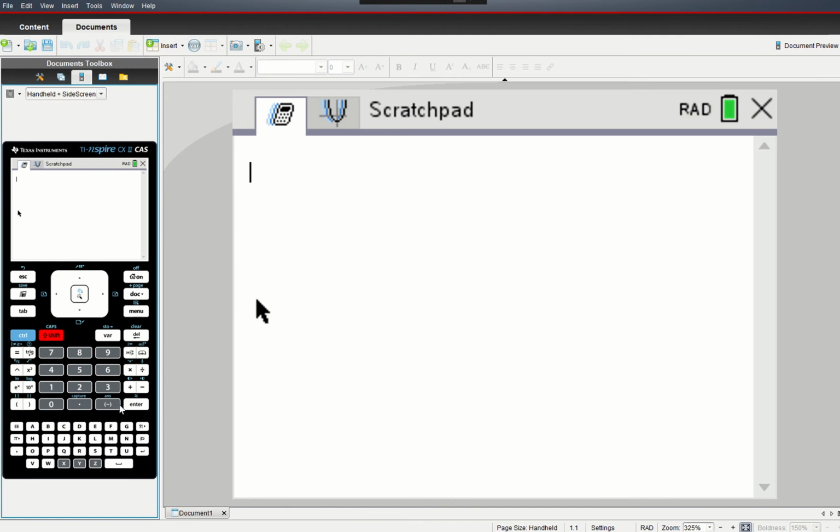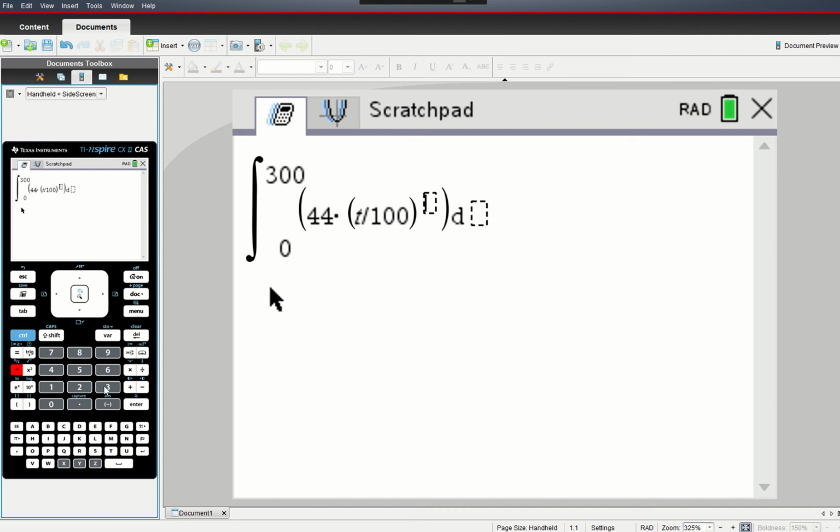If we set that up, we have the integral from 0 to 300 of 44 times, in parentheses, t divided by 100, and that quantity is cubed, multiplied by 1 minus t divided by 300, and that quantity is taken to the 7th power, with respect to t.